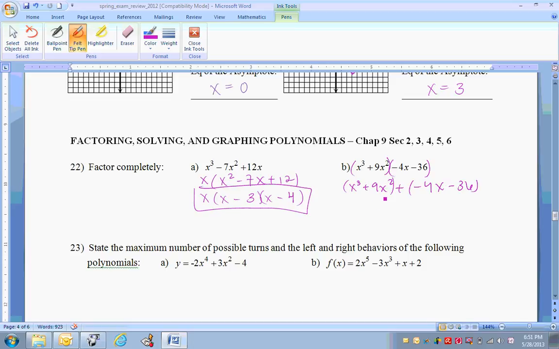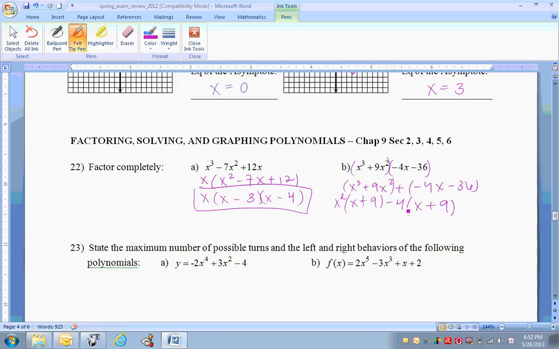Then I factor each of those individually. In the first set I can pull out an x squared as a GCF, and that leaves me with x plus 9 on the inside. And the common GCF of the second set is negative 4, so I pull out that negative 4, and I'm left with x plus 9 on the inside also.